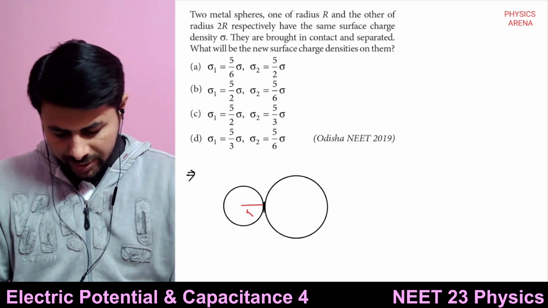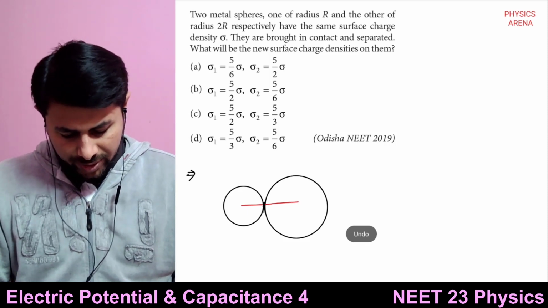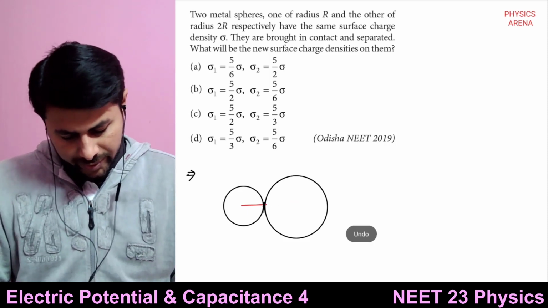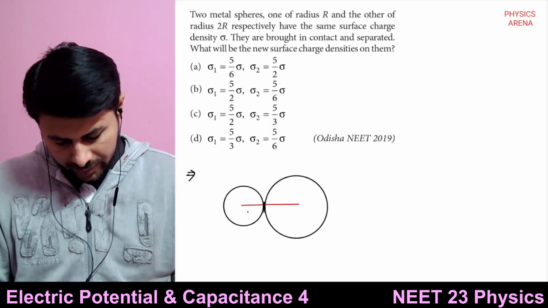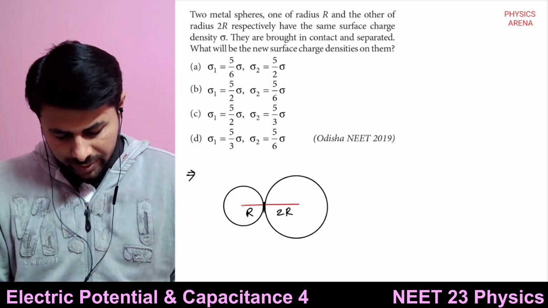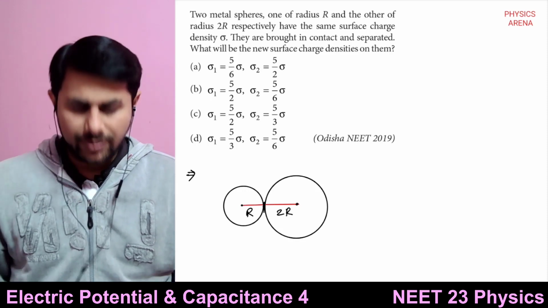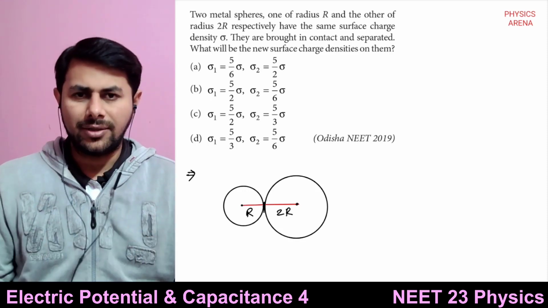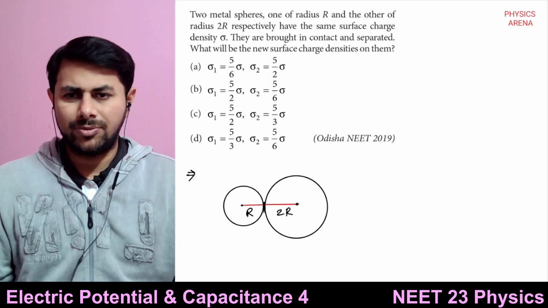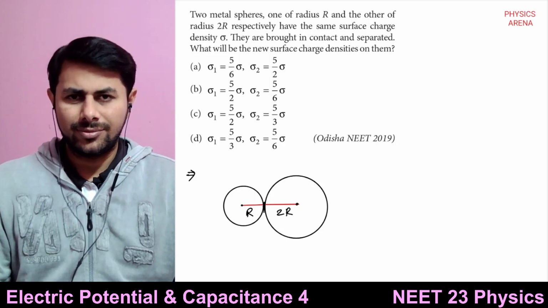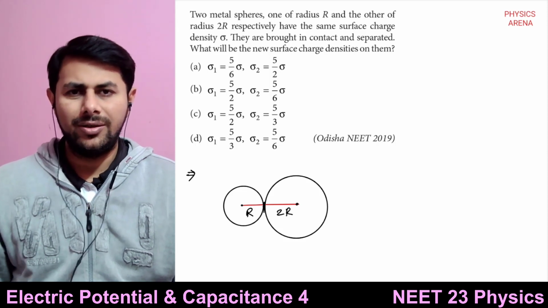Okay, so radius of this sphere is r. Radius of this sphere is 2r. So what will happen now when they are brought in contact? There will be some transfer of charge, right? From where to where?